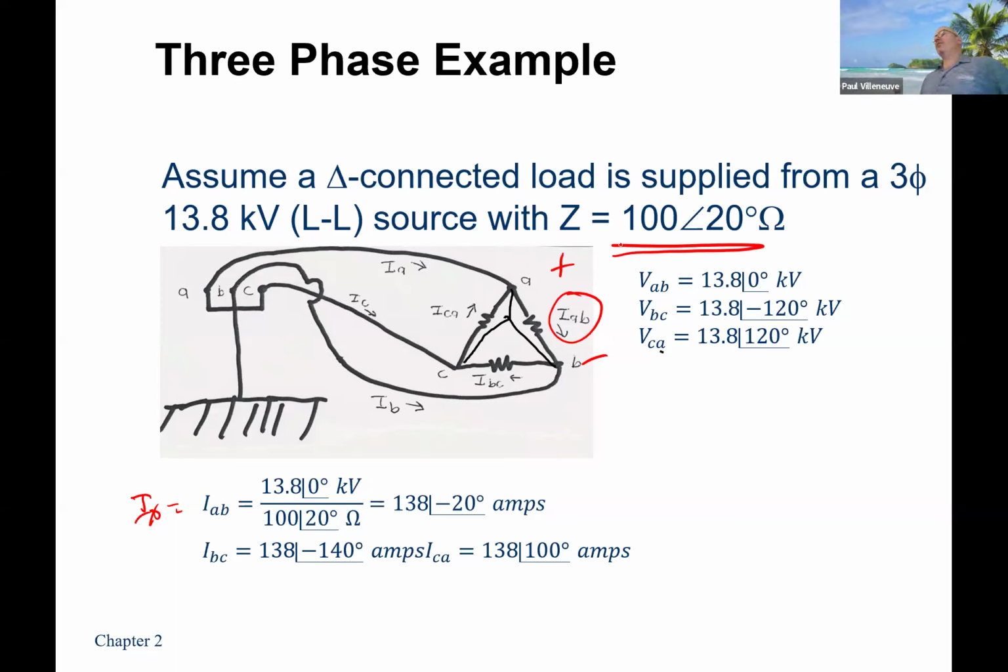There's no such thing, and I'm going to say this about 50 times a semester, as a three-phase resistor. There's no such thing as a three-phase inductor. There's no such thing as a three-phase capacitor.